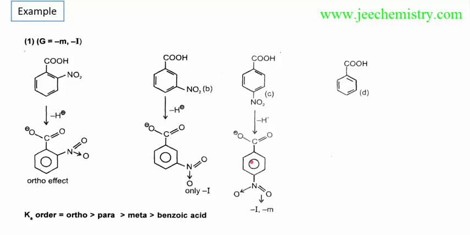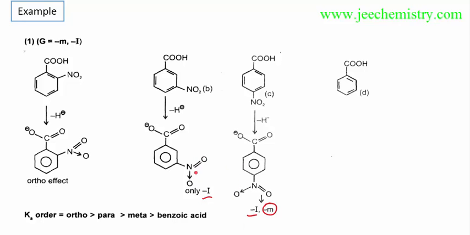This is para, this is meta. The para has only minus M effect, so it will stabilize the minus charge less, and this one has minus I effect and minus M effect, so it will stabilize the minus charge more. So this has one extra point, the minus M effect. This one has only minus I effect in common.